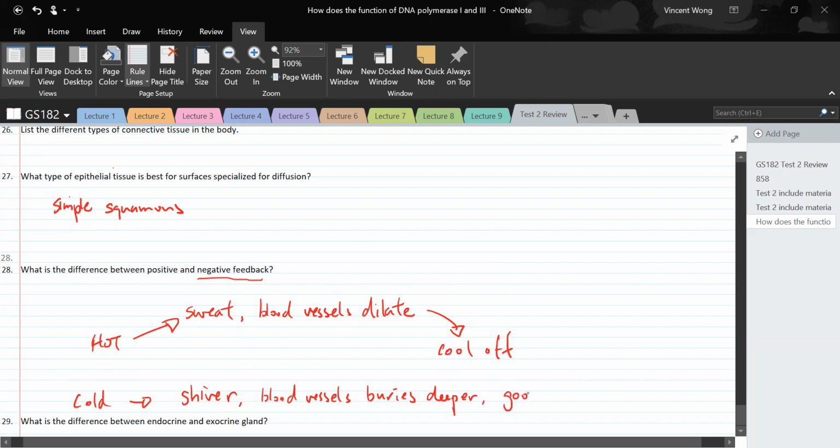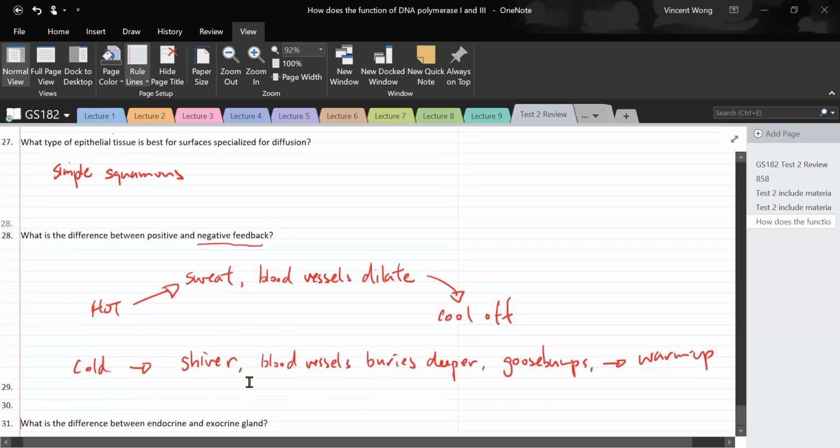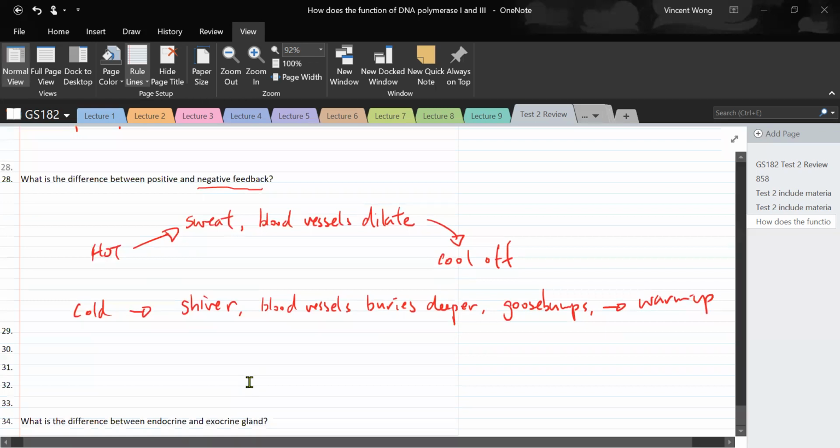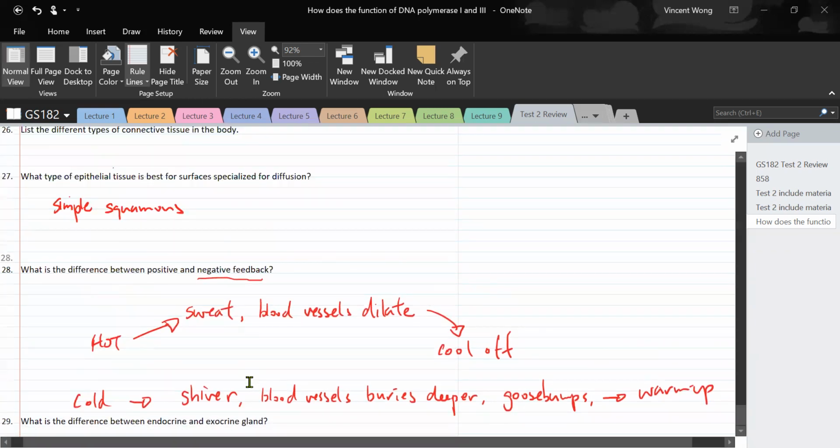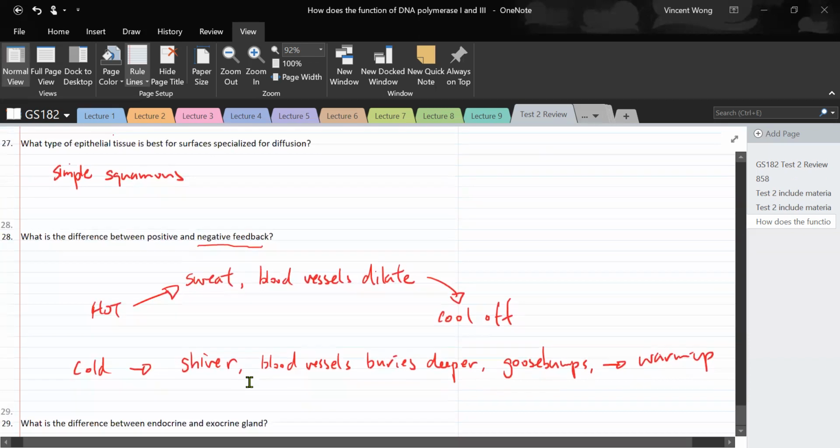You might get goosebumps, which cause your hair to stand up in your skin. That traps more heat, and that would cause you to warm up. So again, the end result is opposite to the trigger. This is called negative feedback. Most bodily processes have this negative feedback to help you maintain homeostasis, right?